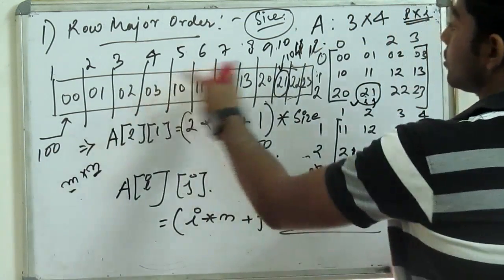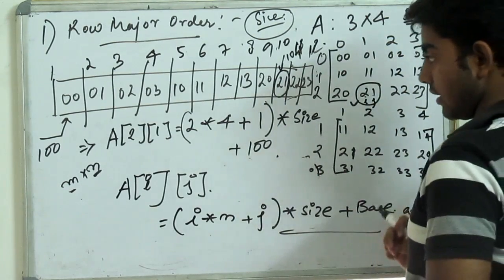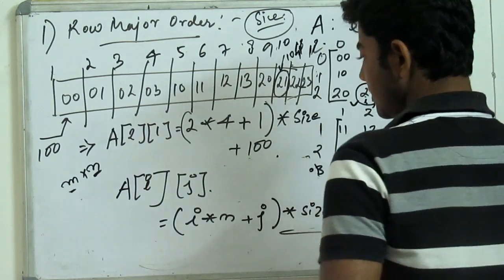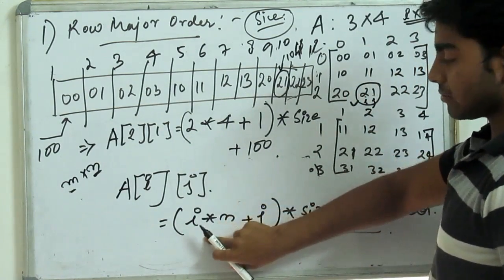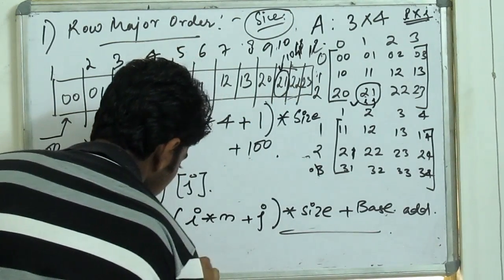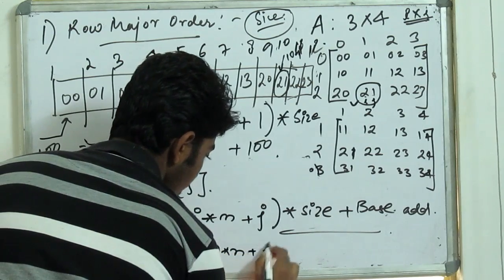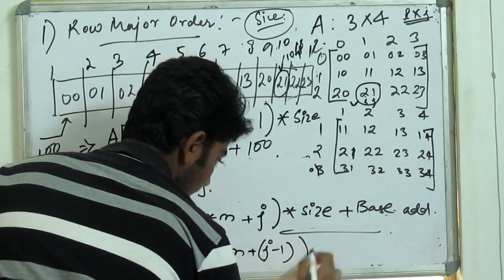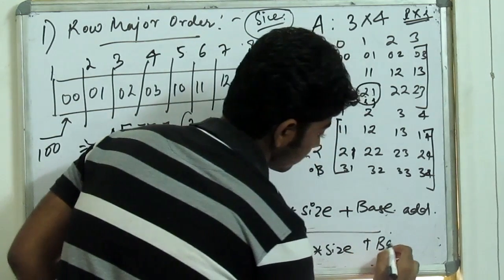1, 2, 3, 4, 5, 6, 7, 8, 9, 10, 11 and 12, because we are having a 3 cross 4 array. So in that case it is very easy, you just have to make some minor modification in the general formula. You just have to write it as (i minus 1) into n plus (j minus 1), into size, plus the base address.